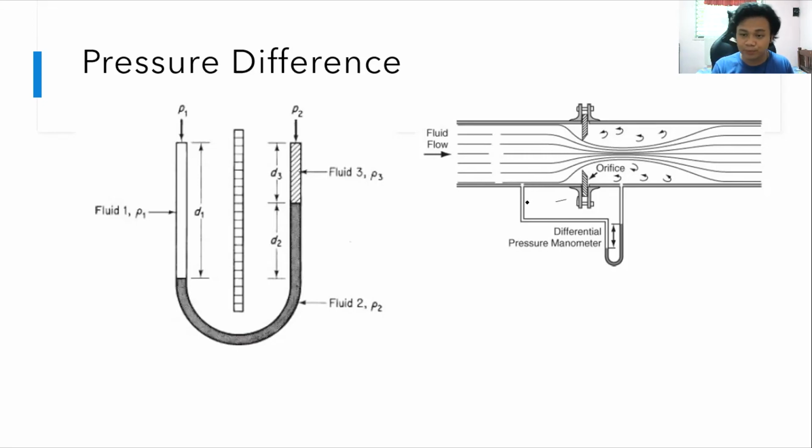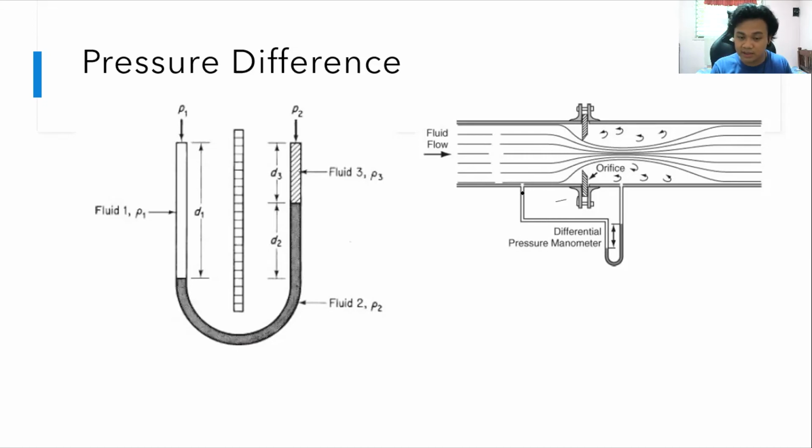There are also other applications that use pressure difference. Here the pressure is higher because the fluid occupies all of the area of the pipe. That's why it will be greater.